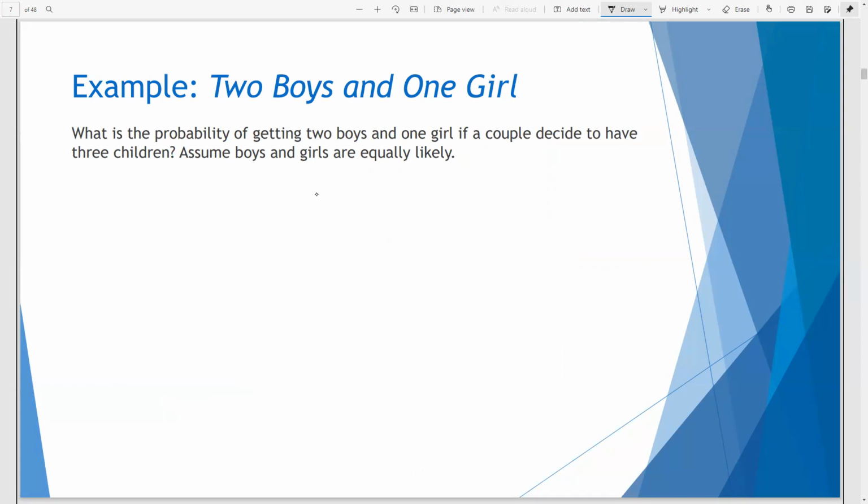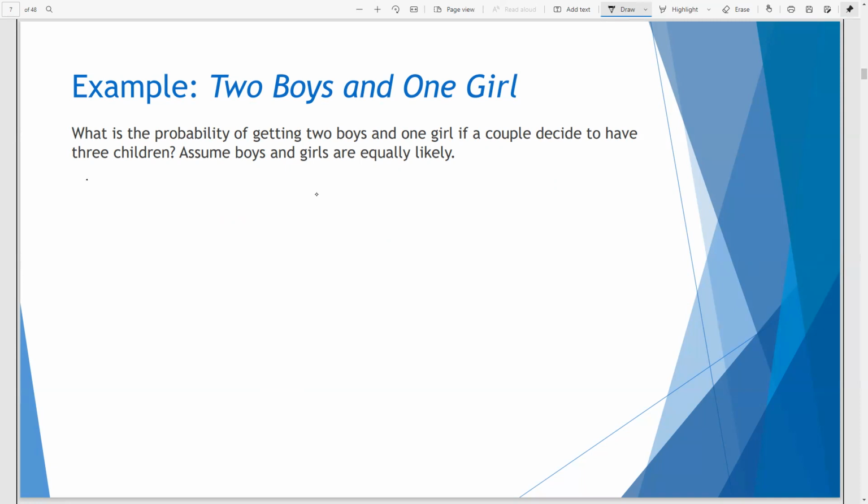The 2 boys and the 1 girl, right? What is the probability of getting 2 boys and 1 girl if a couple decides to have 3 children, and assume they're equally likely? We'll see more on this in a later section, but here a couple is giving birth to 3 kids, right?